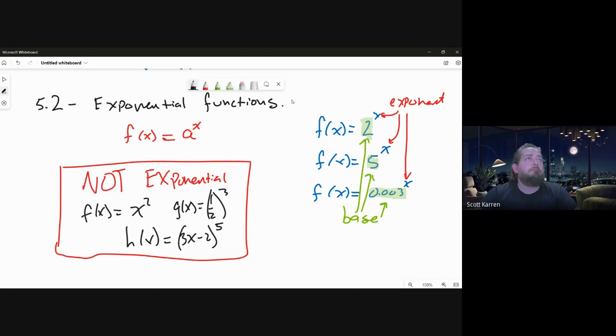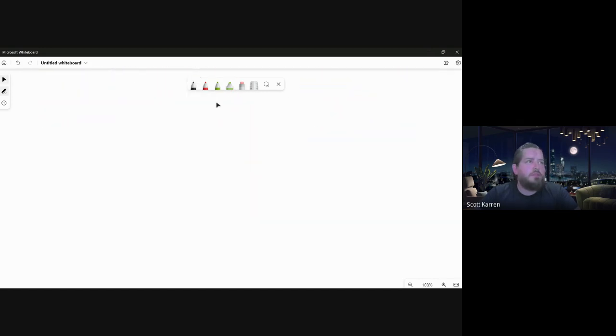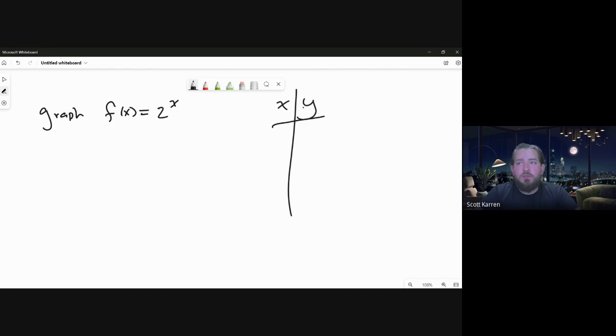So we can evaluate a couple of points. Let's graph 2 to the x. And we'll do that by evaluating some of the points. We'll graph some x values, we'll graph some y values, and then we'll graph this whole thing.